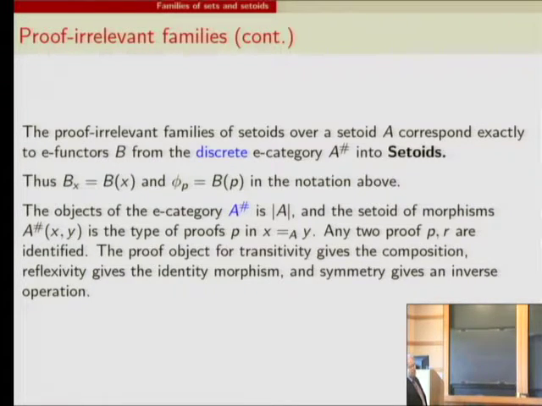And then you identify any two proofs. A functor from this one to Setoids will correspond exactly to the proof irrelevant families, which is quite easy to see. The proofs of transitivity and so on give composition, etc. And it doesn't matter how we do these proofs, they will always be such, since it's irrelevant.